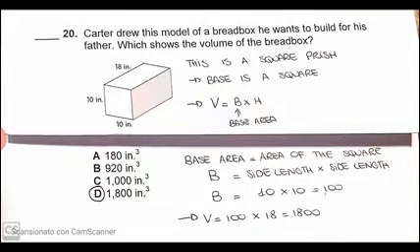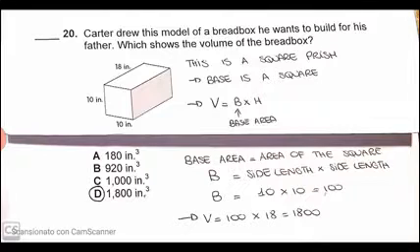Exercise number 20. Carter drew this model of a bread box he wants to build for his father, which shows the volume of the bread box. This is a square prism because we have a square in the base and then the rectangles that form a prism. So if the base is a square, the volume is B times H. B is the base area.